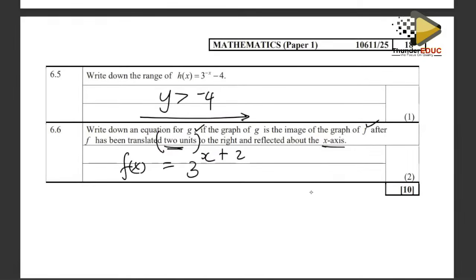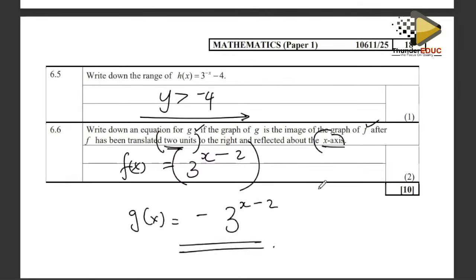No, not plus. When you are moving to the right, it has to be a minus. Then when you reflect above the x-axis, this entire thing becomes negative, meaning that our graph of g is going to be -3 to the x minus 2. All right, so that is how question 6 would have been answered.